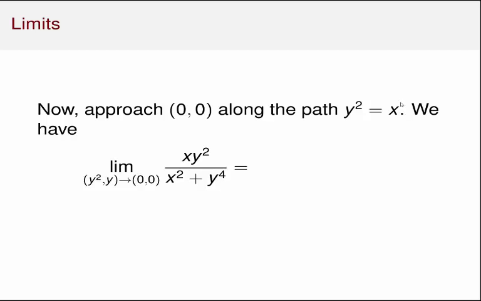Alright, the path that we are going to choose is the parabola given by the equation y squared equals x. It's easy to check that this path passes through the origin. In other words, the origin satisfies this equation, and by substituting for x, the function that we have will reduce to a single variable function of y only.